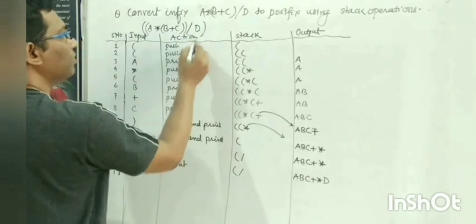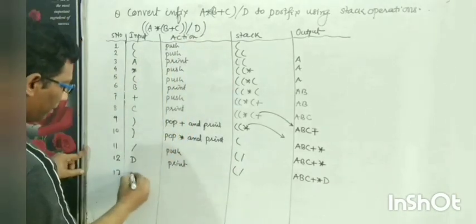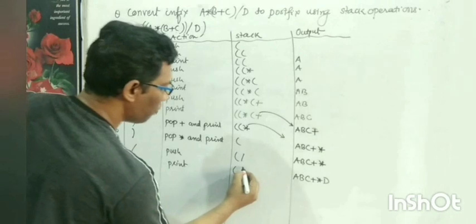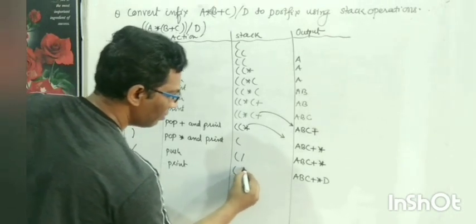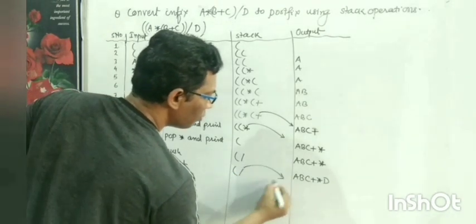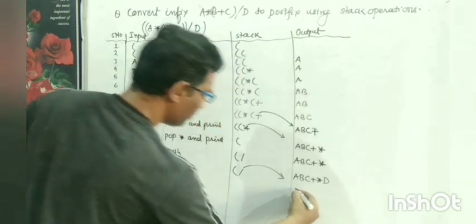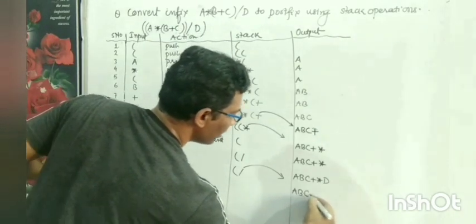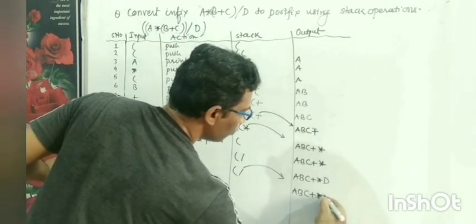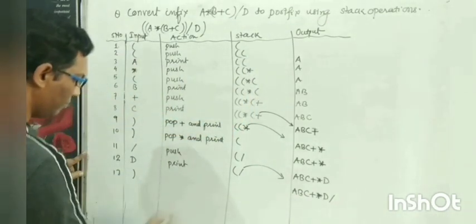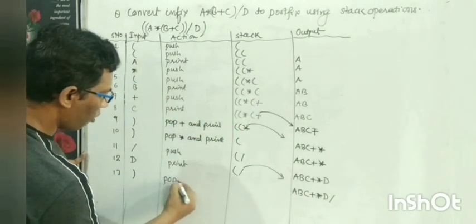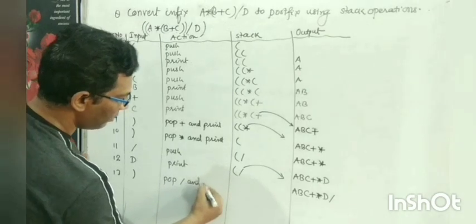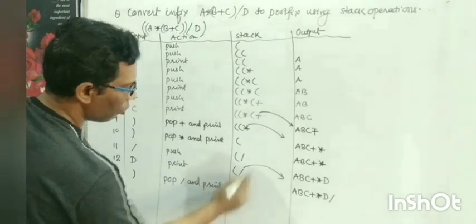Here the last operator is closing bracket. So the last operator which is in the stack, that is division, will move to the output and output becomes A, B, C plus into D divide. So we have to pop divide and print to the output.